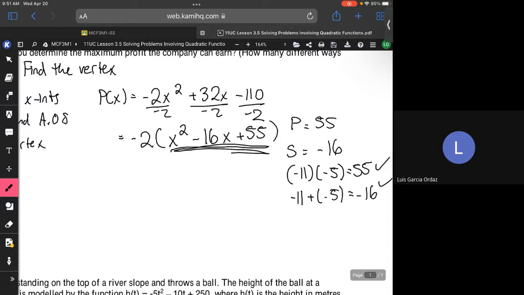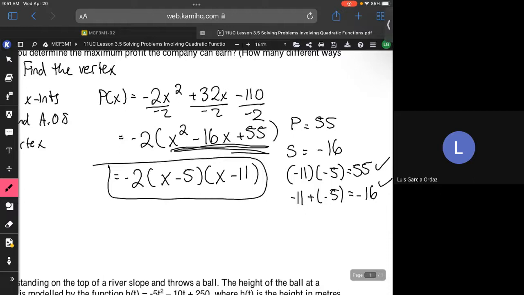So because we have no number in front of my x squared, I can now create my two brackets. So what are my two brackets going to consist of? Brooklyn. It would be negative 2, and then one bracket is going to be x take away 5. So we got x minus 5 and x minus 11 with the negative 2 on the outside, which is good.